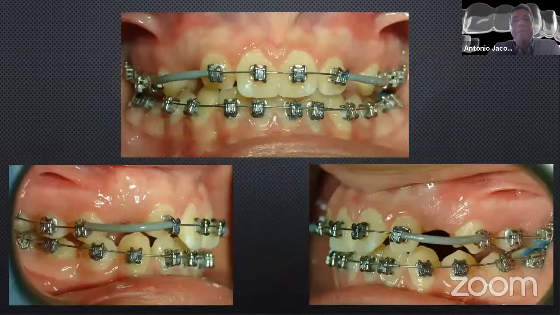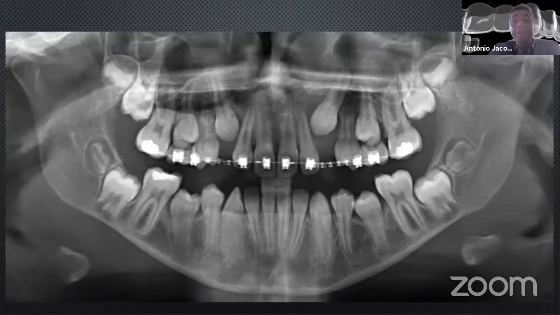So that's what we did. We are using the same type of brackets, passive self-ligating brackets. And I'm just using here a plastic tube to make minor forces and try to move the root of the lateral incisor and de-impact the canine. So that's what we did.